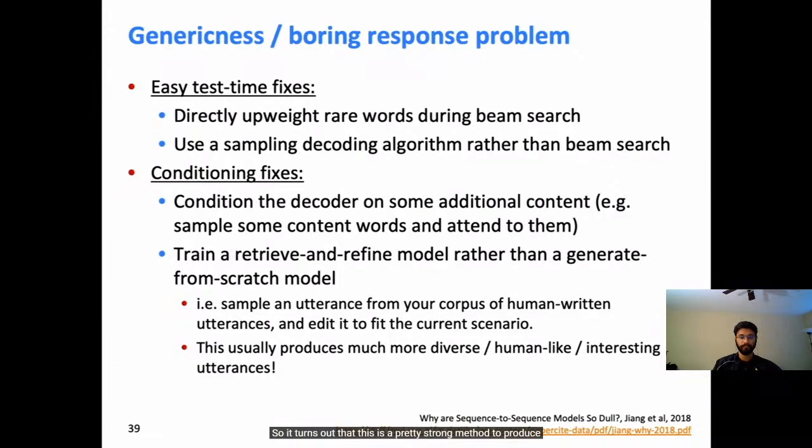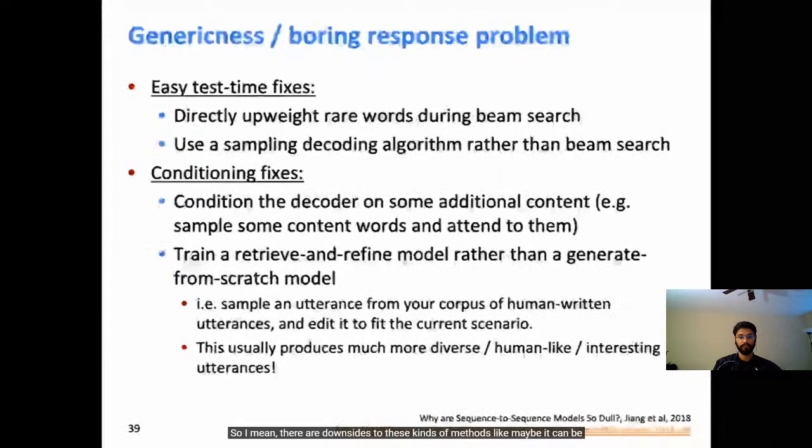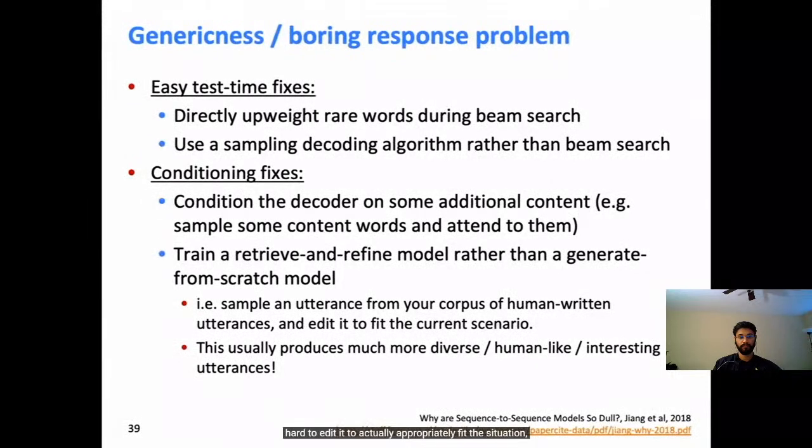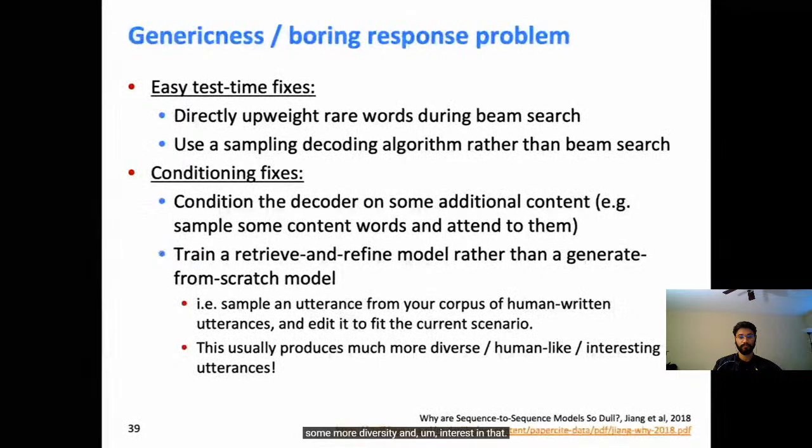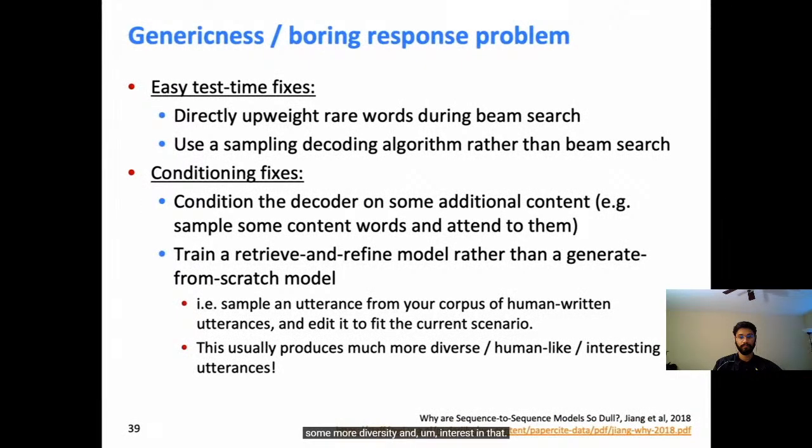It turns out that this is a pretty strong method to produce much more diverse, human-like and interesting utterances, because you can get all of that fine-grained detail from the sampled utterance, and then you edit it as necessary to fit your current situation. There are downsides of these kinds of methods, like maybe it can be hard to edit it to appropriately fit the situation, but it's certainly a way to effectively get some more diversity and interest in that.